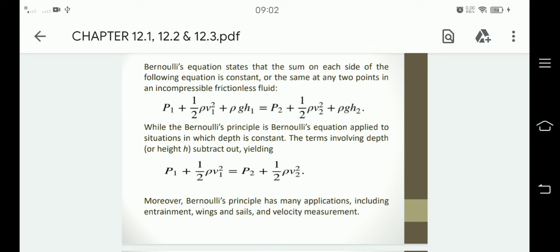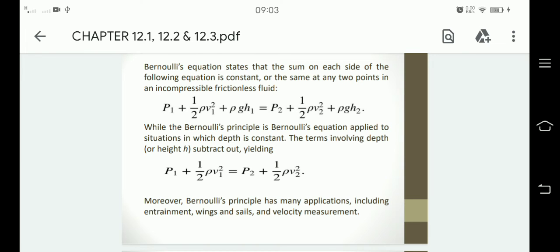Wings can also gain lift by pushing air downward, utilizing the conservation of momentum principle. The deflected air molecules result in an upward force on the wing, which is Newton's third law. Sails also have the characteristic shape of a wing. The pressure on the front side of the sail is lower than the pressure on the back of the sail. So this results in a forward force and even allows you to sail into the wind.